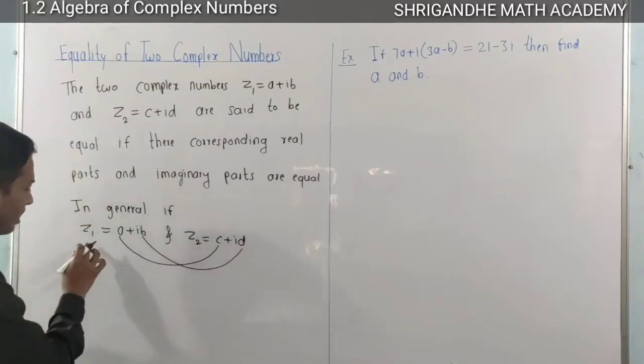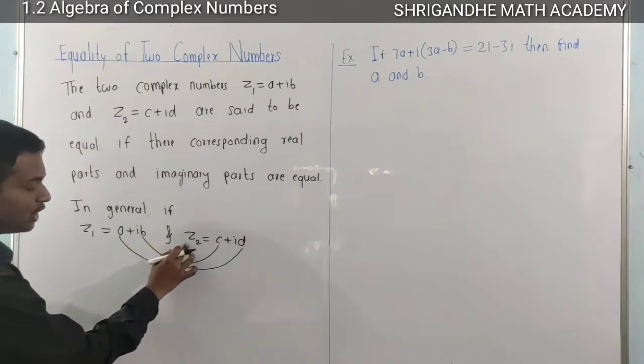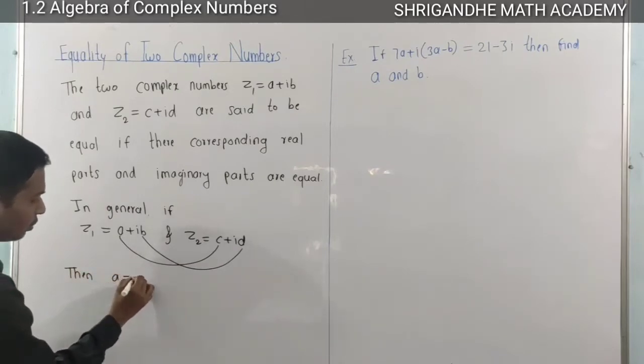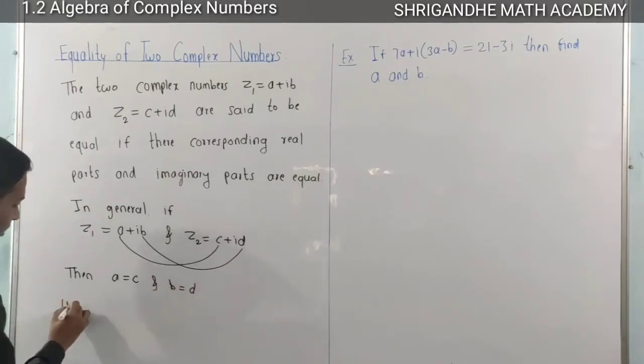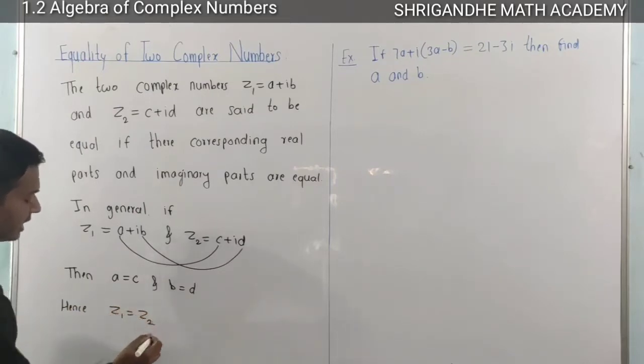Therefore we write, in general, if Z1 equal to a plus ib and Z2 is equal to c plus id, then a equal to c and b equal to d, hence Z1 is equal to Z2.